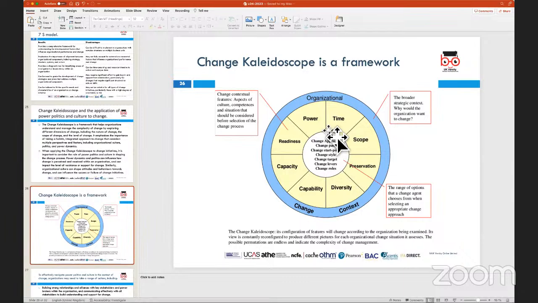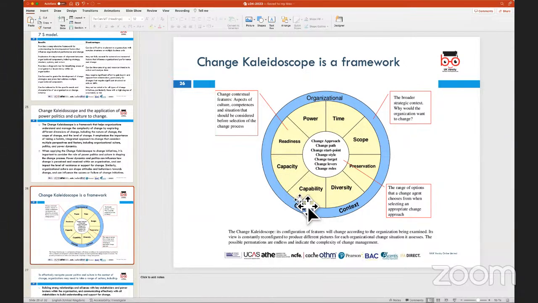So if we look at the three elements, paths, perspective, and paradoxes: with path, it could be what is the change that the organization is trying to achieve, whether in the case of capability or capacity.